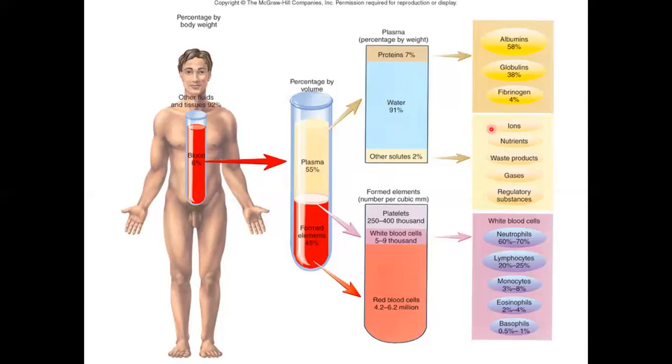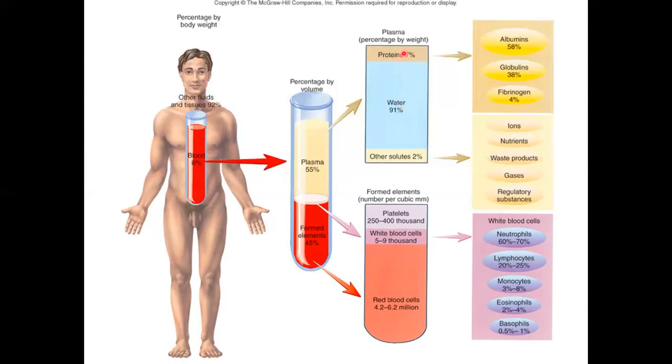Potassium, which is a +1. Calcium, +2. Magnesium, +2. Okay, chloride ions, -1. Good. Nutrients, so think glucose when you think nutrients, always think glucose. Waste products like urea or creatinine. Gases, can you give me a gas? Good. Oxygen or CO2, and different types of regulatory substances, okay, or hormones.